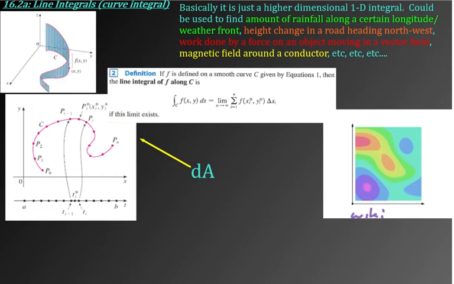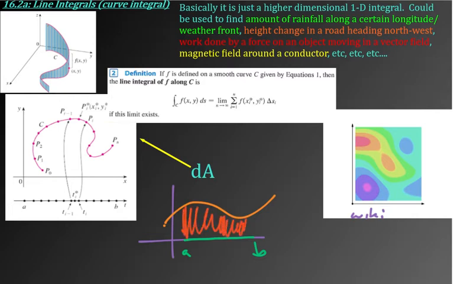It's kind of like in Calc 1, what we're doing really should be called line integrals, because you're just saying from A to B, you've got some sort of curve up here, and you just want to know how much stuff is there between A and B. That really should be a line integral, in my opinion.